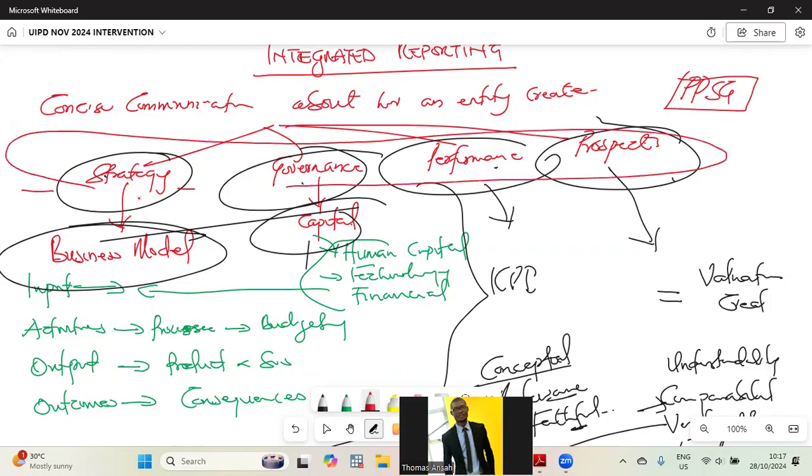So that's what I just did. And that's all. So that when you are asked about integrated reporting, you can do that. BPS. Prospects, performance. So if you don't remember anything at all, you can remember PSG. You just need to double the P.